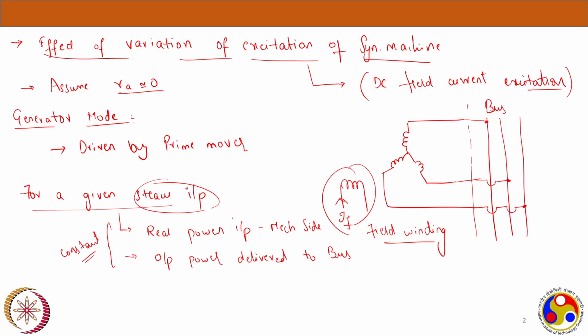So now, for a constant output real power condition, we are analyzing our system. In the per phase equivalent circuit, if you remember, there is an excitation voltage EF. Since we neglected the resistance, it will be the reactance XS, and this is the bus side.